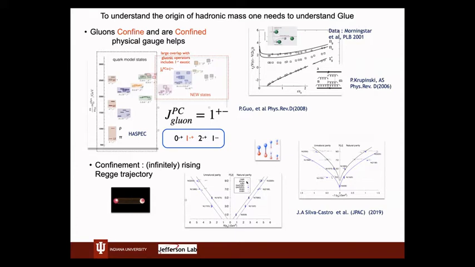Here are just a few baryonic trajectories, again showing this linear pattern for both natural and unnatural parity states.